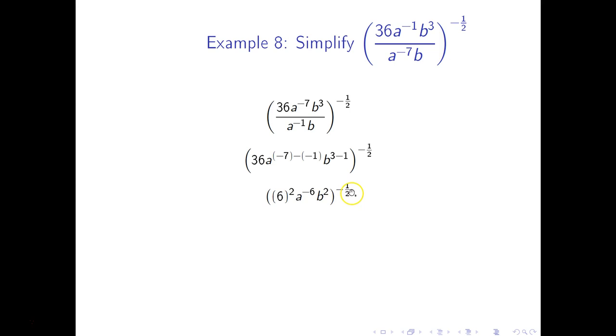I now can distribute this exponent into each of these terms. If I do that, so I'm multiplying to each term, and they all are multiples of 2, which is really nice because that turns into 6 to the -1, a to the third power, and b to the -1. Now we just take things that are negative exponents and they move down, while the a cubed, which has positive exponents, stays on the top. And just like that, we use negative exponents to get through this.